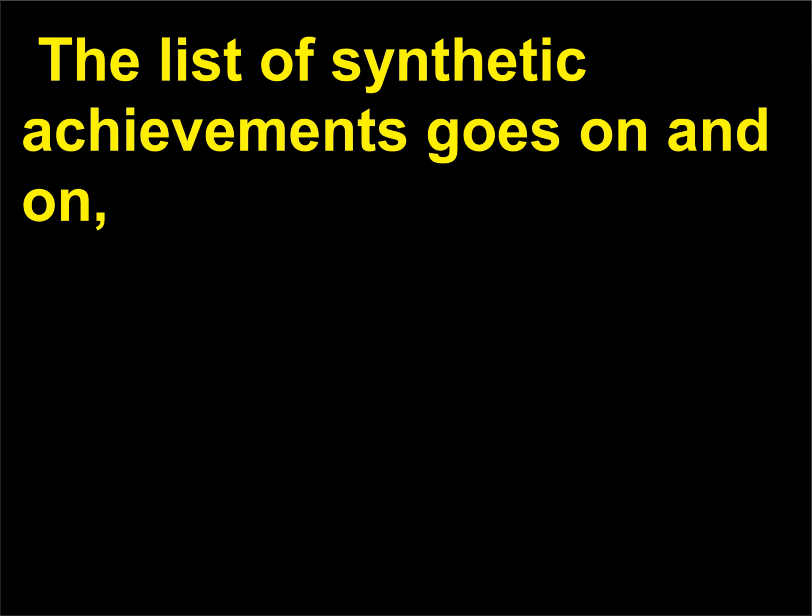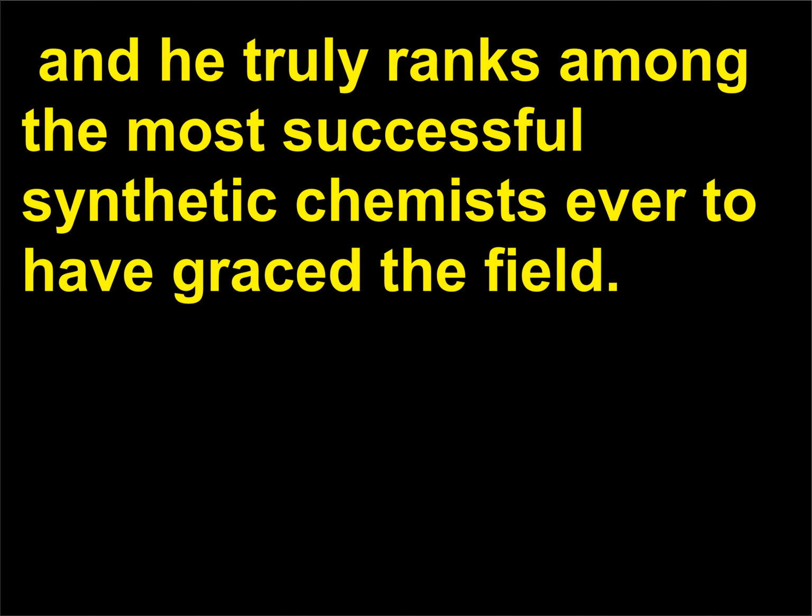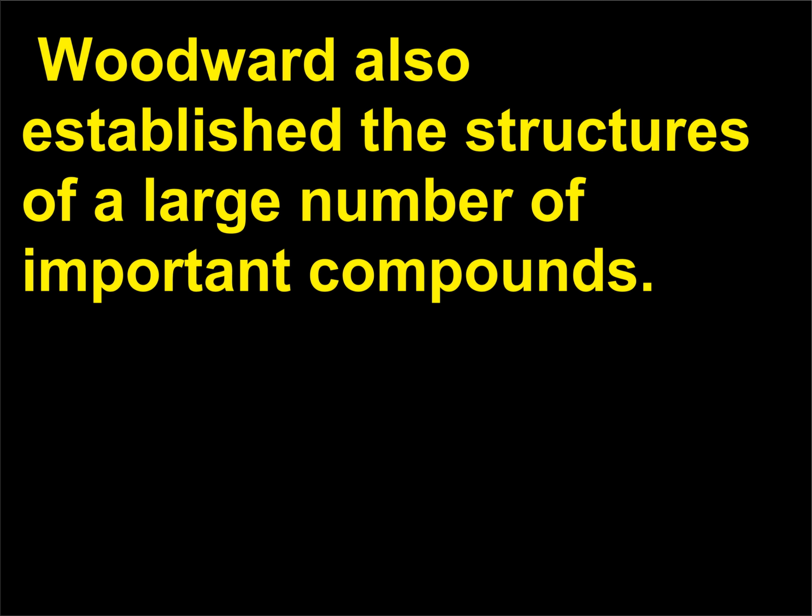The list of synthetic achievements goes on and on, and he truly ranks among the most successful synthetic chemists ever to have graced the field. In addition to these synthetic achievements, Woodward also established the structures of a large number of important compounds.